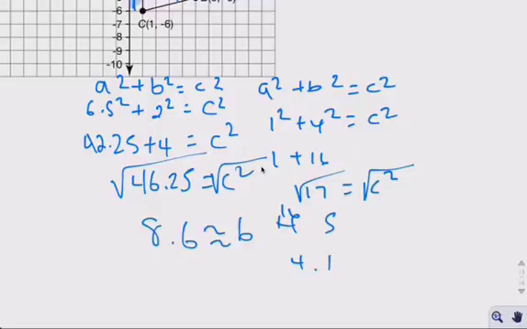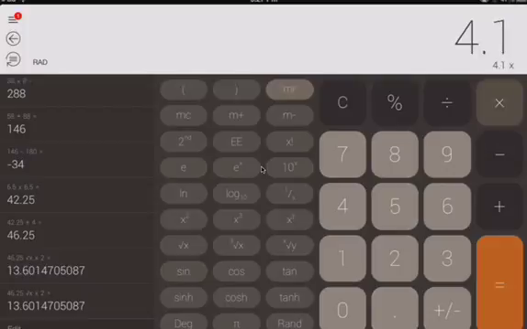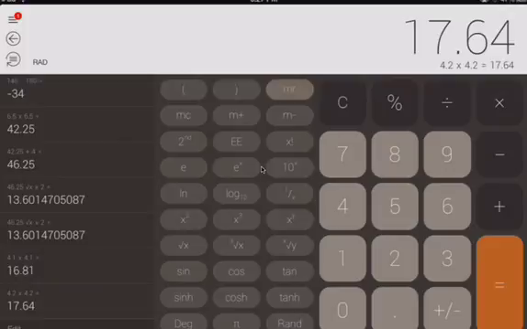So if I multiply 4.1 times 4.1, that's 16.81. Yep. 4.2 times 4.2 is too much over 17.